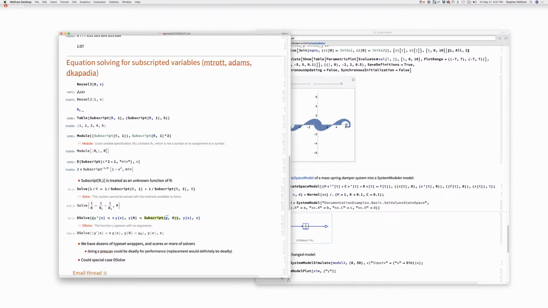I mean, there's the other question of, what if it's Subscript of y comma x? Well, okay, there's a question of what we want it to do in that case. What do we want it to do in that case? I think it's tough luck. I don't think that's a function of x anymore.